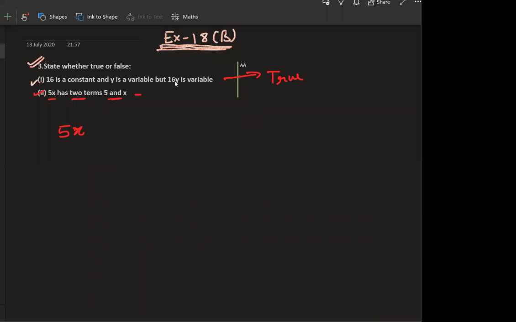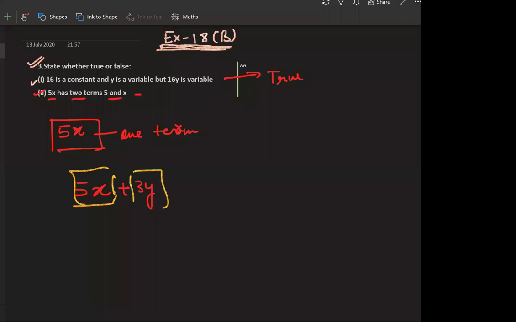There is no plus or minus, so the whole is one term. If it were written as 5x plus 3y, then we would say yes, these are two terms. But here 5x is one term. So this is false.